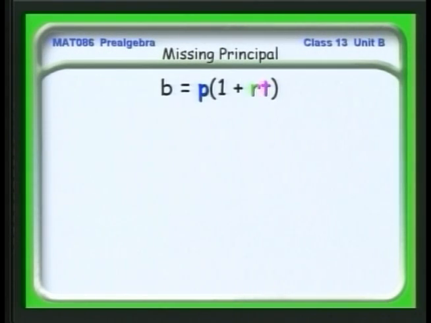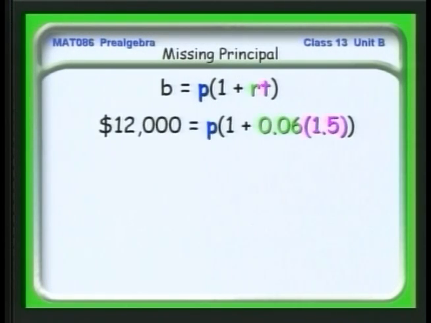We can use this formula and then try to put in what we know. The final balance is $12,000. That's equal to the principal, which we don't know, times the quantity 1 plus the rate, 6%, which is 0.06, times the time, which is a year and a half.